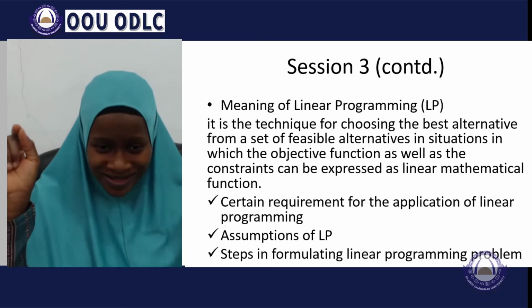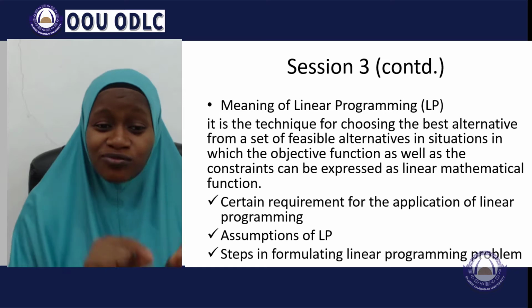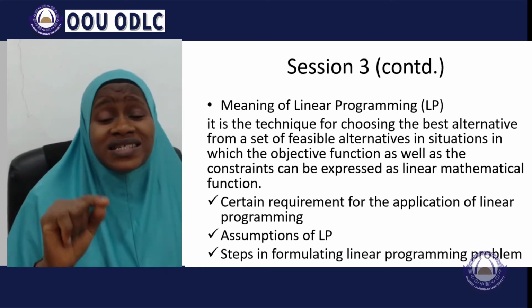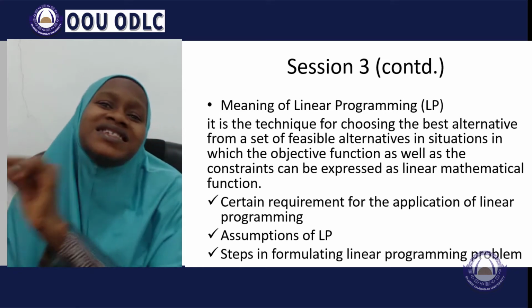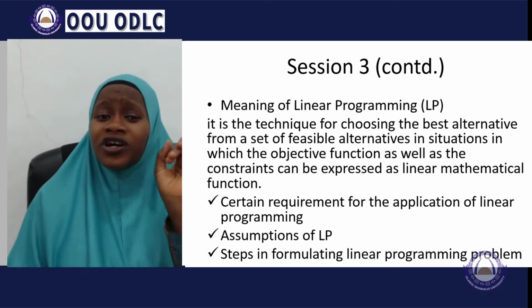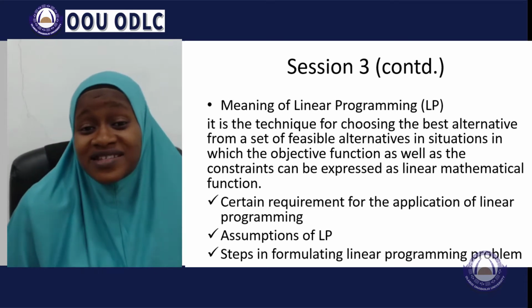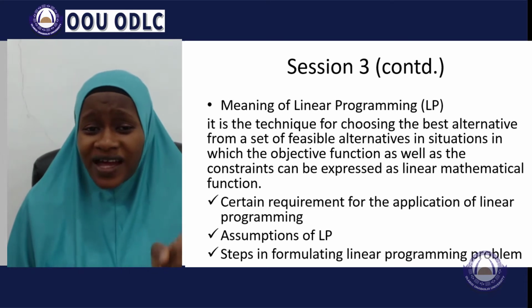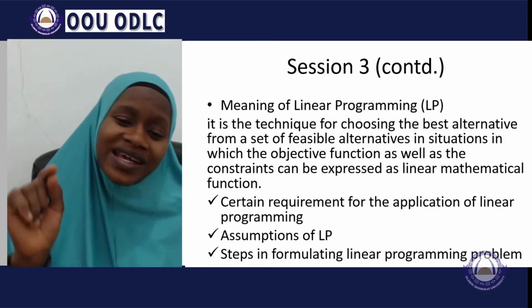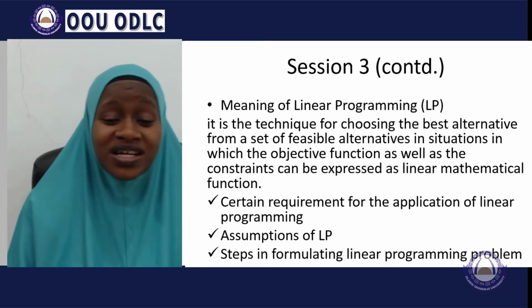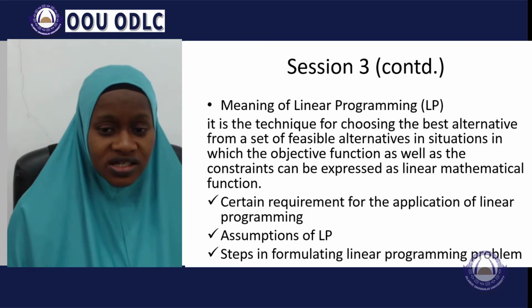So you must formulate that objective function by expressing it in a linear form. Don't forget that it must be expressed in quantitative terms, and then formulated in a linear form.